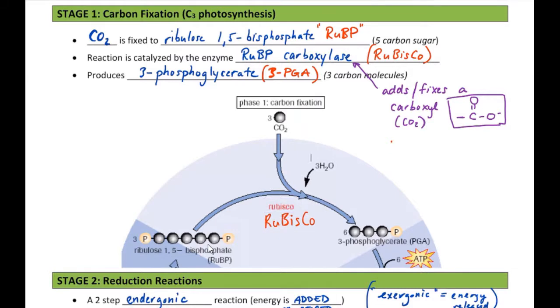Notice that there is water involved here, but you're going to see water in and out all over the place with chemical reactions. As far as the overall photosynthetic reaction goes, like the main big one, we really don't care about this water because this exact amount of water will come out, so there's no net gain or net loss of water. Whereas the overall photosynthetic equation, let me show it to you just so it's in your mind.